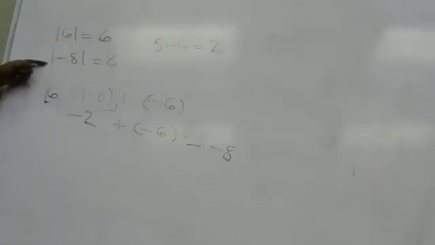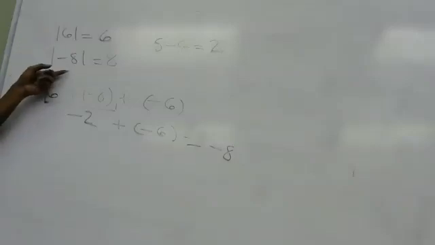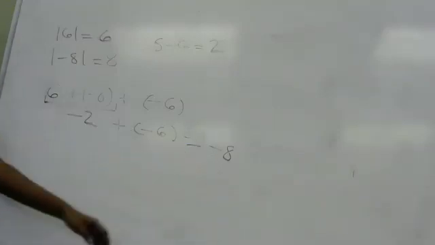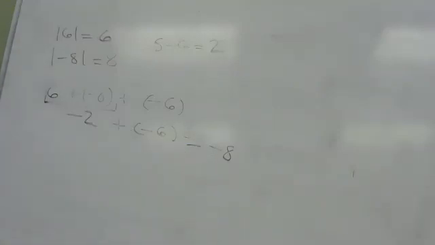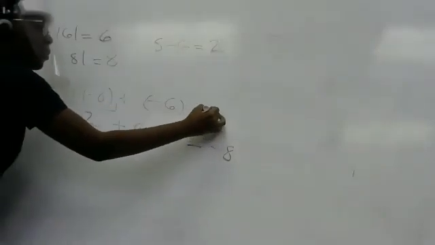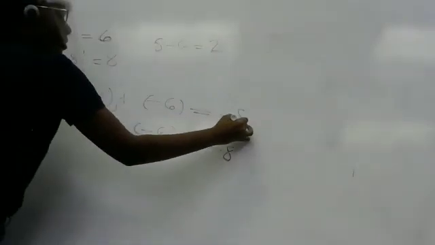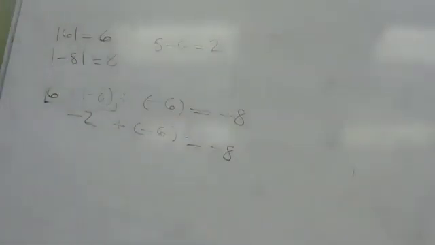It was -8 plus 6, so we kept the sign of the bigger number, which was the 8. But here they're both negative, so for sure, when I add them, it's negative. They have the same sign. All right, so this whole problem now equals -8.